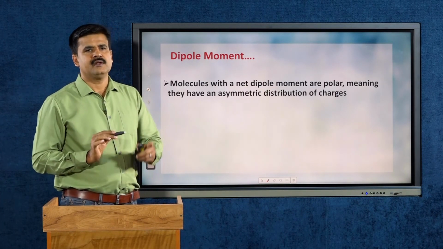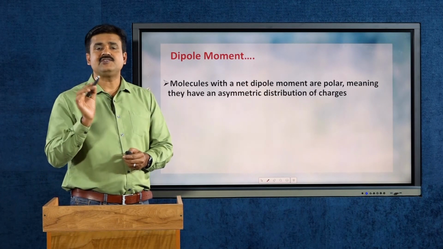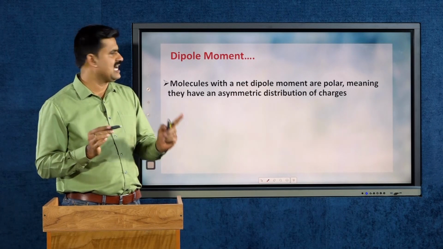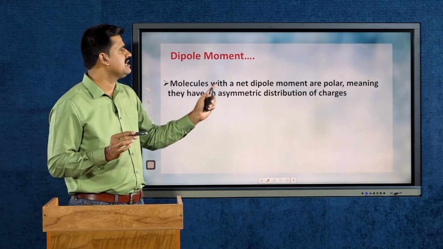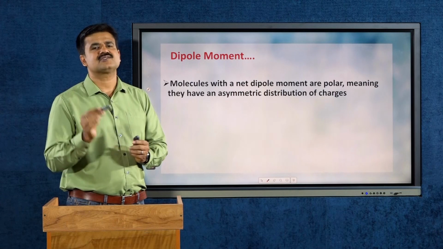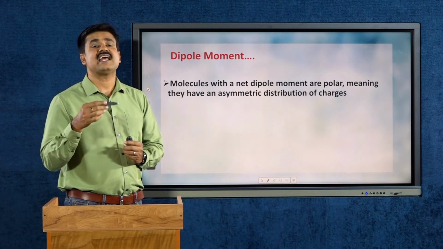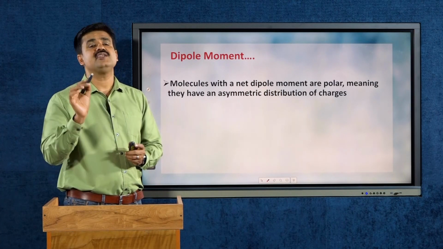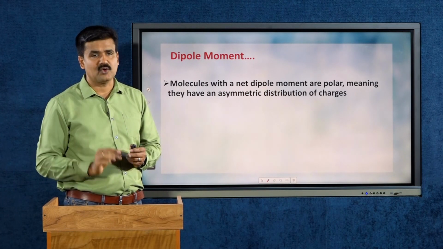Now, molecules with net dipole moment are said to be polar, which means that they have an asymmetric distribution of charge. So, in a polar molecule, there is an asymmetric distribution of charge. If charge distribution is uniform, then you can call it a non-polar molecule.